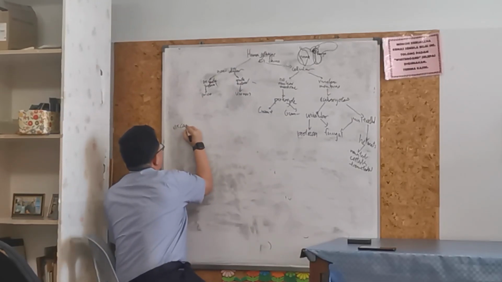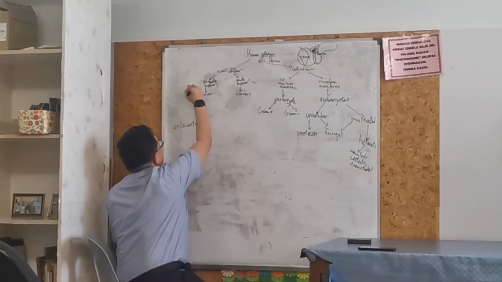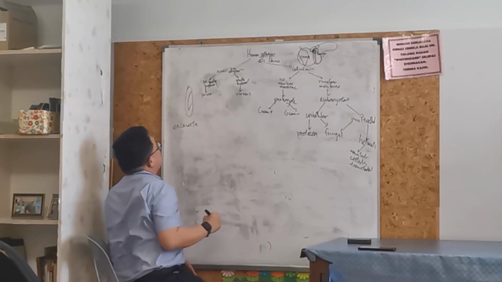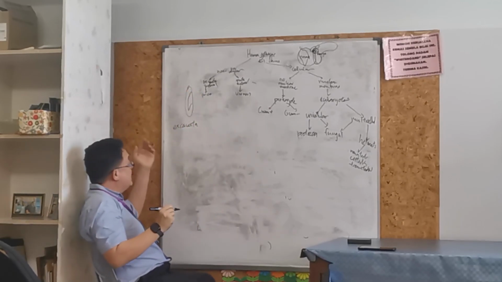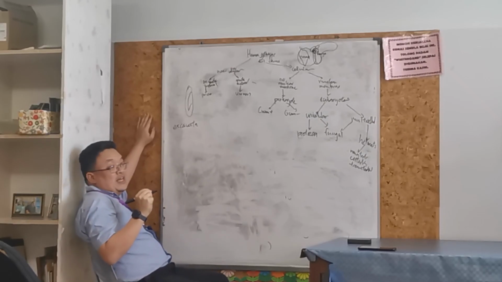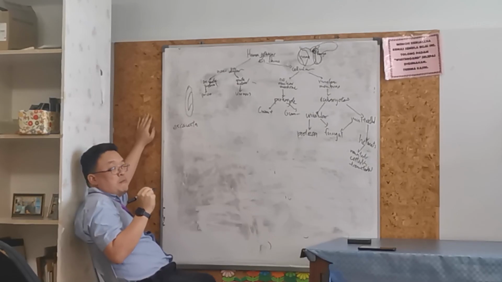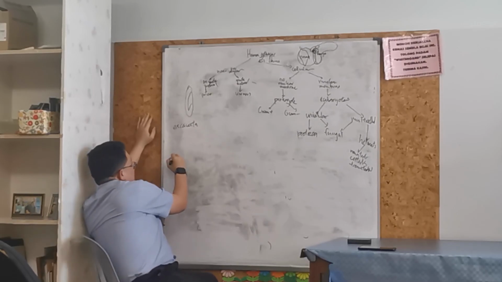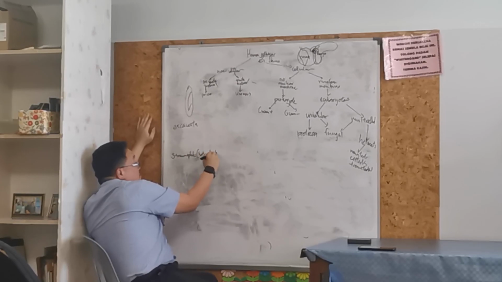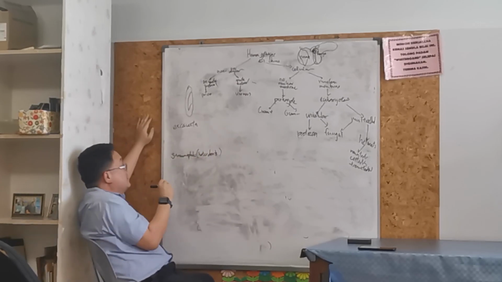Excavata. Why Excavata? Because their mouth is like an excavated mouth. After Excavata, the next major family is Stramenopiles, otherwise known as heterokonts. This is actually a small family, but maybe it's understudied.